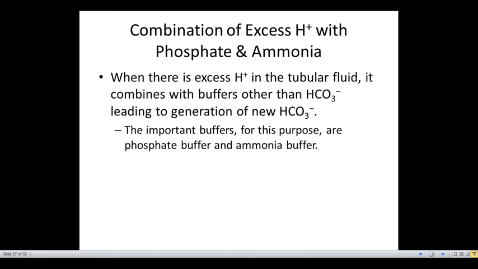When there is excess hydrogen ions in the tubular fluid, it combines with buffers other than bicarbonate ions, leading to generation of new bicarbonate ions. The important buffers for this purpose are phosphate buffer and ammonia buffer.